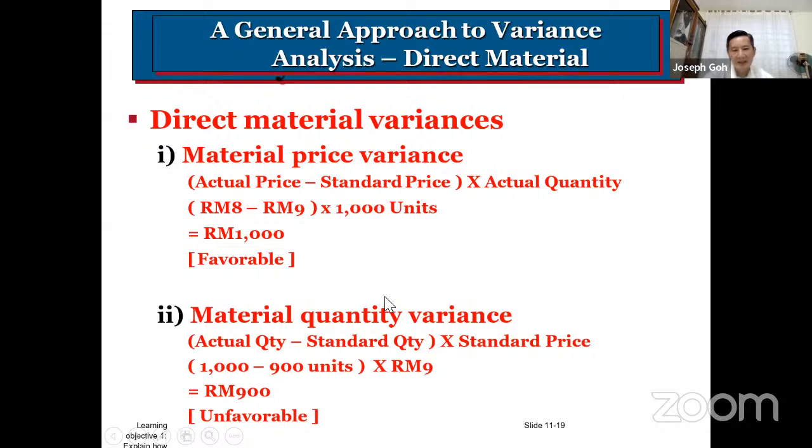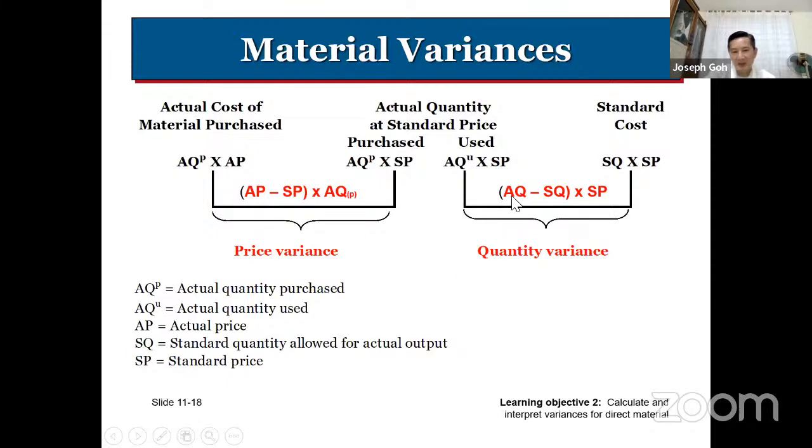And then this one is another case, the material quantity variance. It means the quantity you use for the production of product A. Product A is just an example. So it's the actual quantity minus the standard quantity times the standard price.